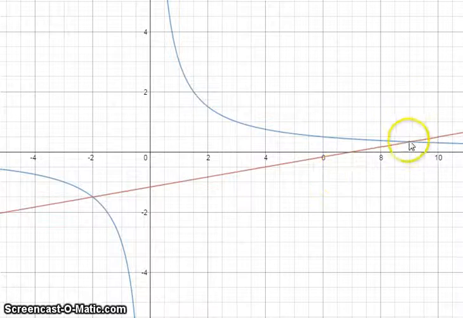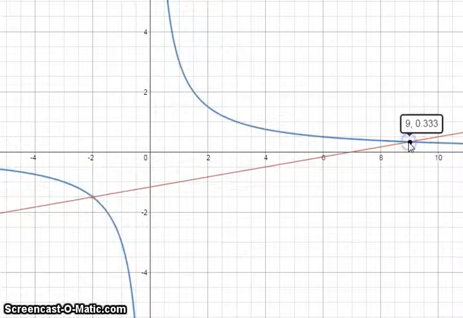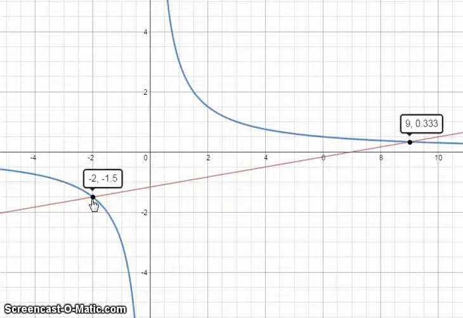So my graphing calculator is pretty nice. It'll tell us right there. So here we have x is equal to 9 and y is equal to 1/3 or 0.333. Then our other value there is at x is equal to negative 2 and y is equal to negative 1.5.